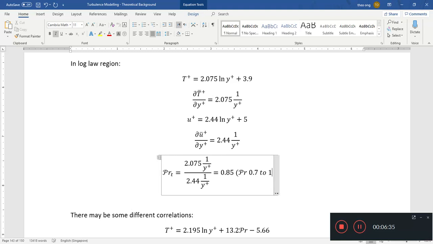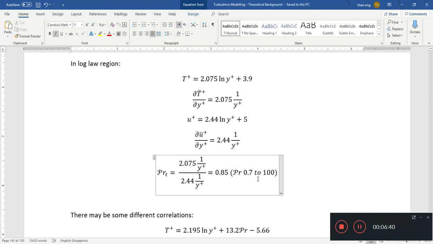For Prandtl number 0.7 to 100. So air has a Prandtl number of 0.71. Water has somewhere around 5. So it can be used, the turbulent Prandtl number, at least here it can be set to 0.85.